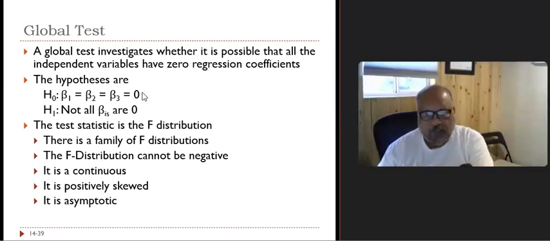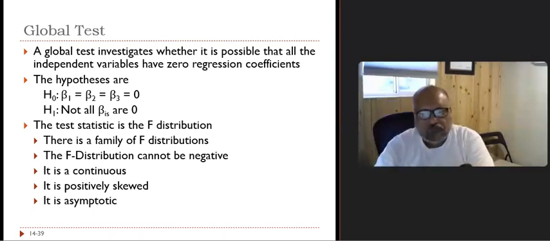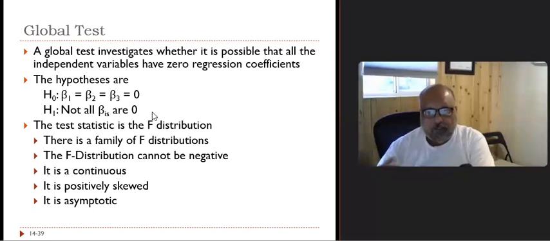That means we go with the assumption that there is no influence of the independent variables on the dependent variable. So we have to either reject the null hypothesis or accept it. The alternative is that not all betas are zero. We go with the assumption that they are zero.